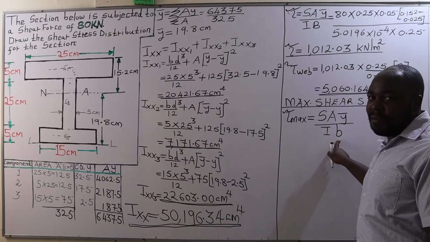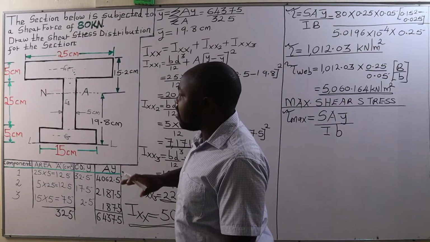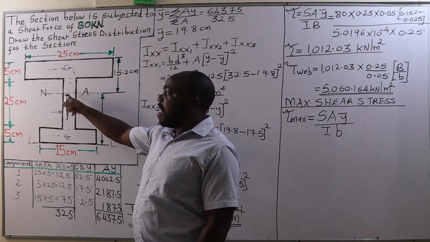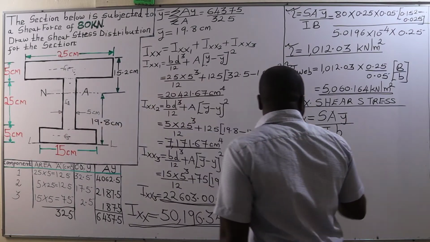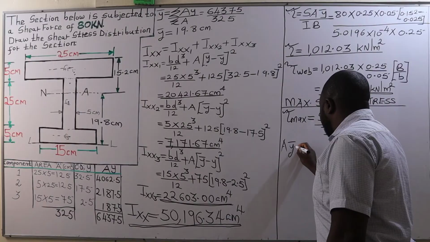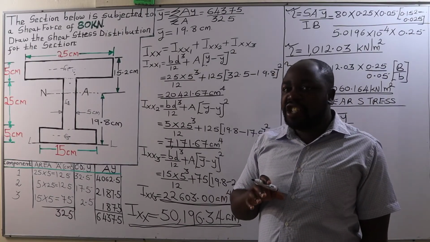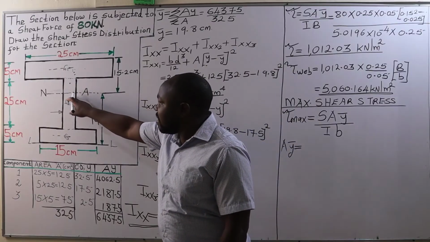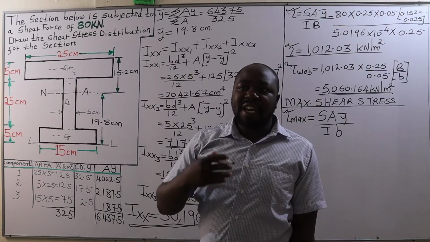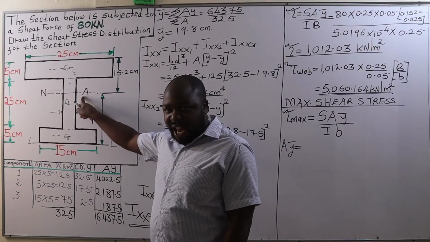In this case, small b, the breadth of the web, because the maximum shear stress will occur in the web. Now, A bar Y will be given by the moment of area of the flange about the neutral axis plus the moment of area of the web about the neutral axis.